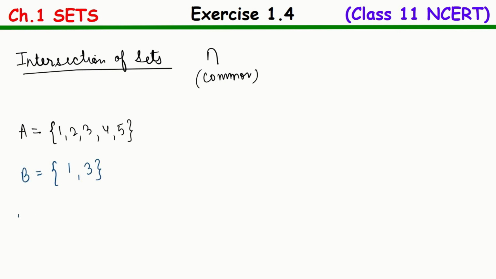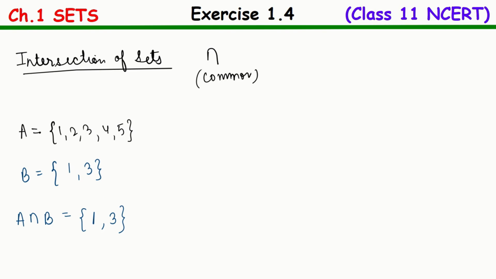So for A intersection B, we need the common elements. 1 is present here and here also, so 1 will be here. Then 2 is present in A but not in B. 3 is present in both. So the common elements are only 1 and 3.